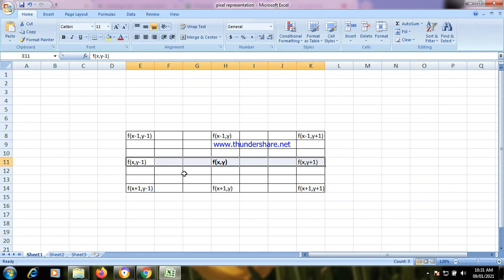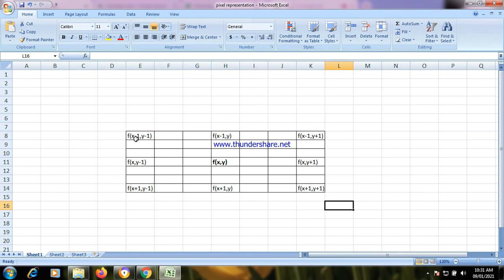In the second row, again your x coordinate will remain the same. So f of x, y minus 1, f of x, y, f of x, y plus 1. Again the y coordinate is changing here. If we check the third row, again the x coordinate is the same, x plus 1, x plus 1, x plus 1, and again the y coordinate is changing.